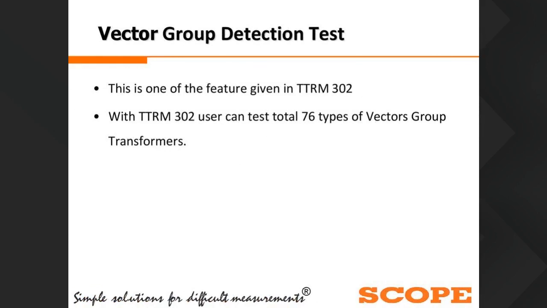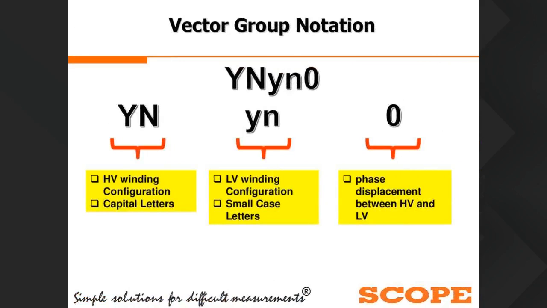So in our instrument TTRN 302, we have given a facility to detect about 76 to 80 vector groups that we can easily find out. Vector group notation: if you see the nameplate, you can see capital Y, capital N. Capital Y indicates that it is the HV winding, and N indicates it is a neutral.